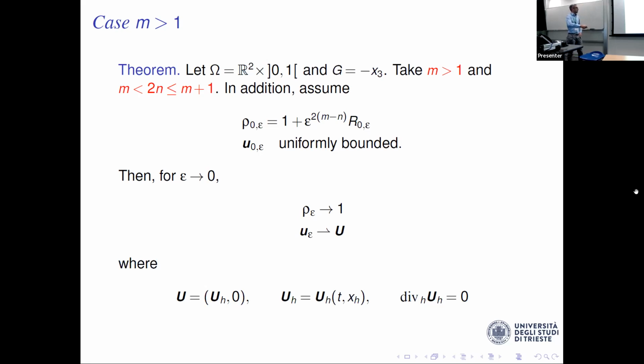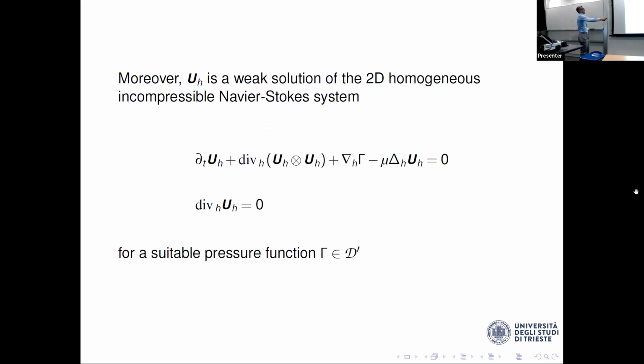At the limit, we find that the density is constant and the velocity field satisfies the Taylor-Proudman theorem. But in this case, we have that u_H is a weak solution of the two-dimensional homogeneous incompressible Navier-Stokes system. Then here we cannot see anymore the stratification effect at the limit.